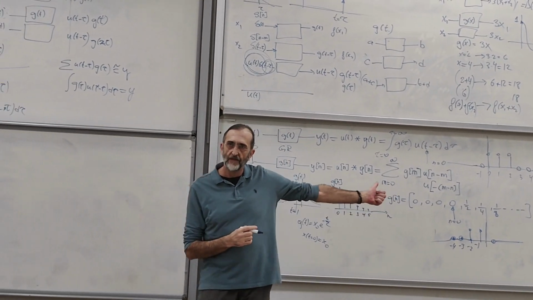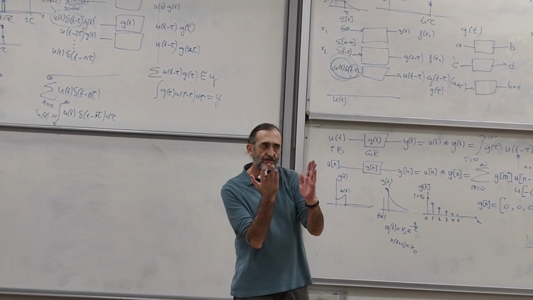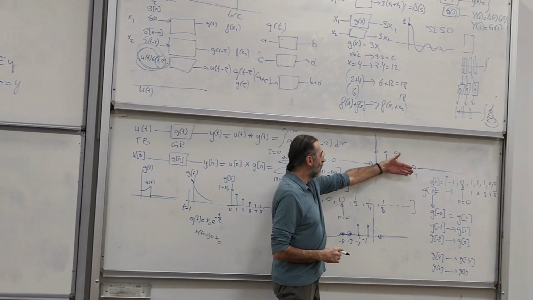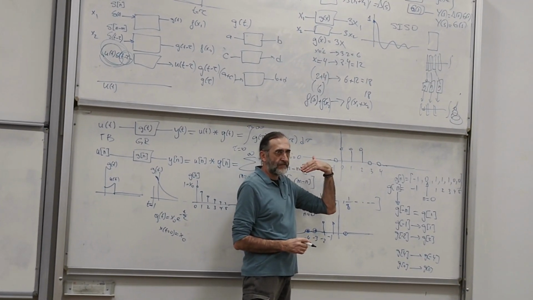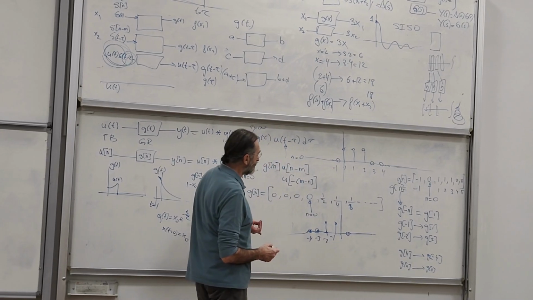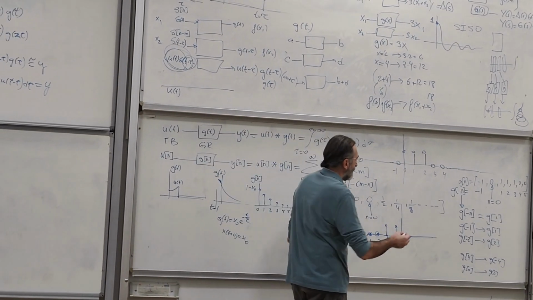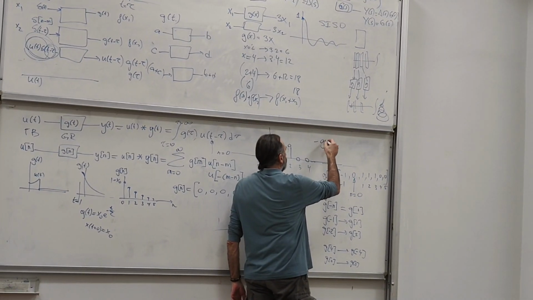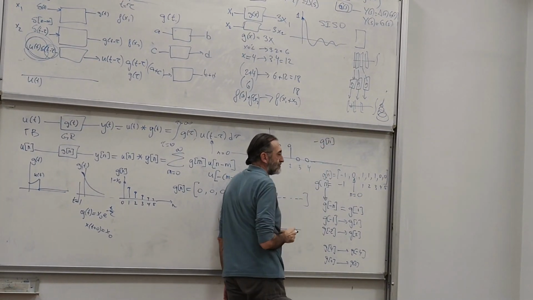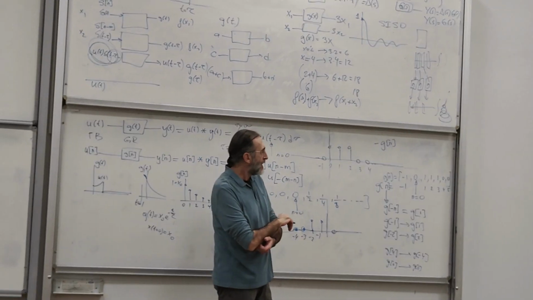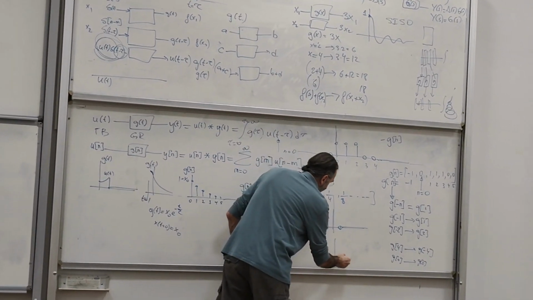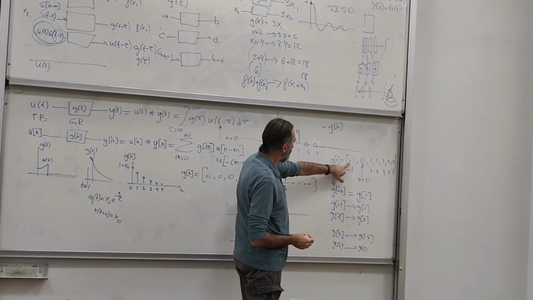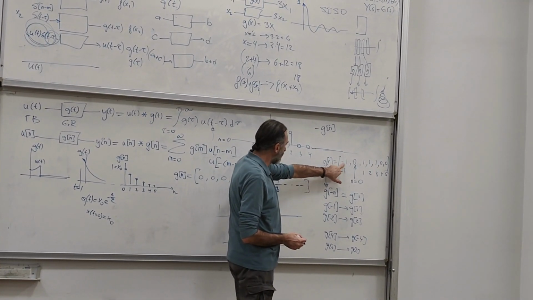You see that? I changed the orientation of the whole signal. But if I did, for example, the following operation, I have G of n here. If I wanted to look at minus G of n, then G of 1, which is G of minus 1, which is minus 1.